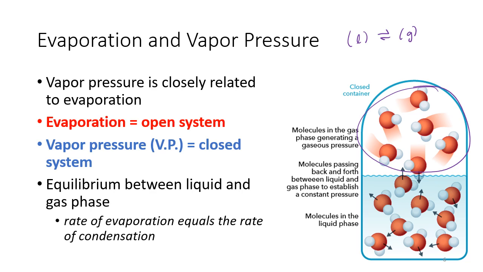When equilibrium conditions are established, the rate of molecules in the liquid phase gaining enough kinetic energy to evaporate and go to the gaseous phase will equal the rate of gas particles colliding with the liquid surface and condensing. This rate of evaporation equaling the rate of condensation is known as a dynamic equilibrium.